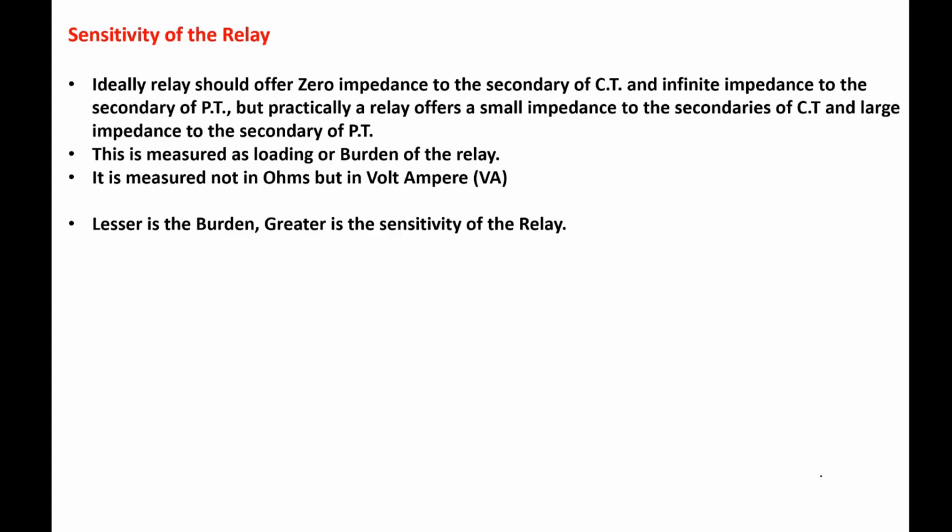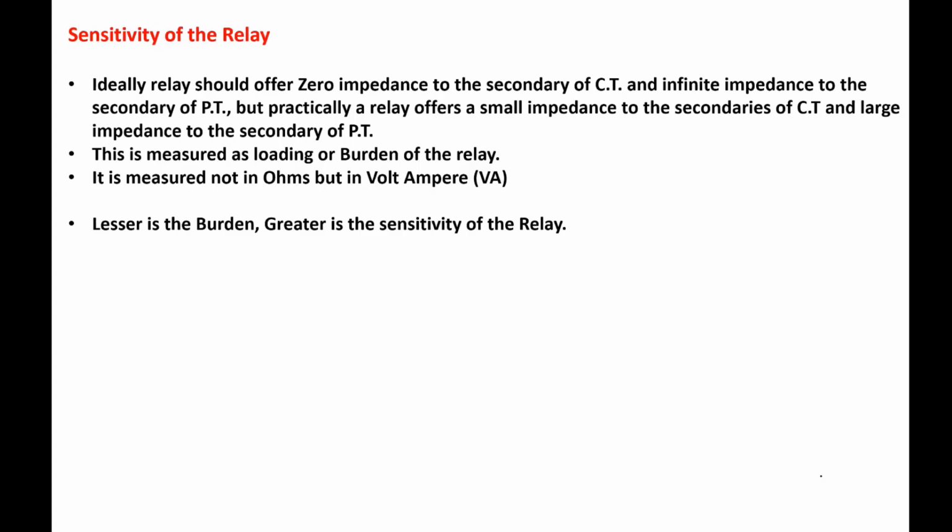So what does an ideal ammeter do? An ideal ammeter will not change the current. It only measures the current and does not try to change the current flowing in the circuit. For that, it should have zero series impedance.